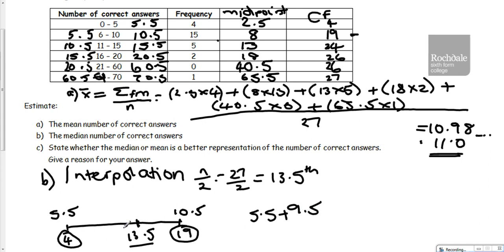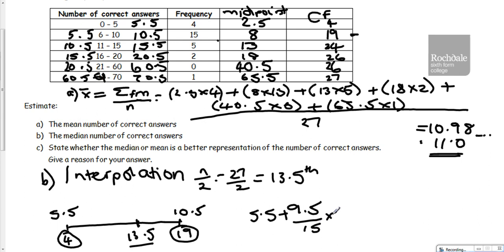So we want 9.5 people out of how many there were in this interval. And if you look up at the top of the frequency table, you'll see that there were 15 people in this interval. So of those 15, between 4 and 19, we want 9.5. Okay, so it's the frequency we want out of the total frequency in that interval, and you multiply that by the class width.